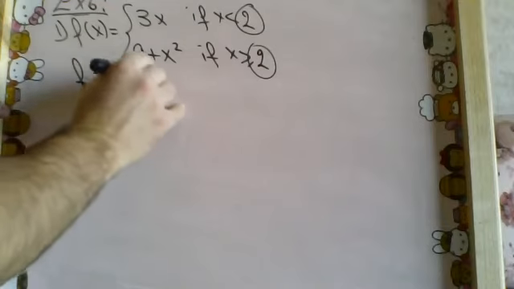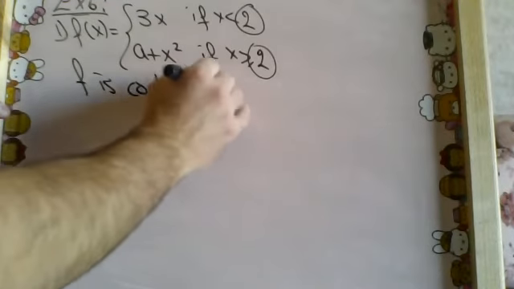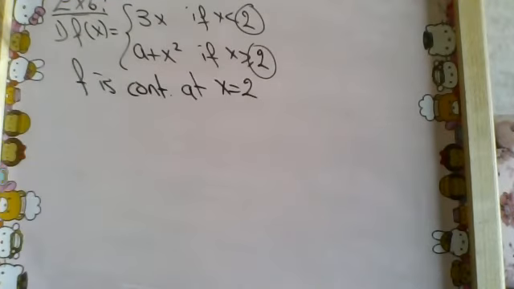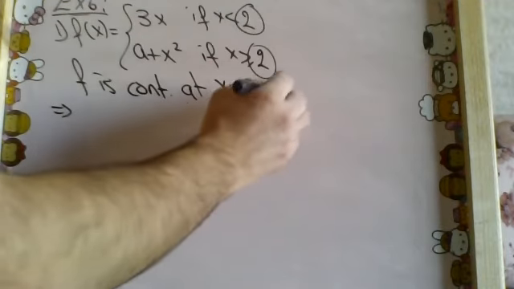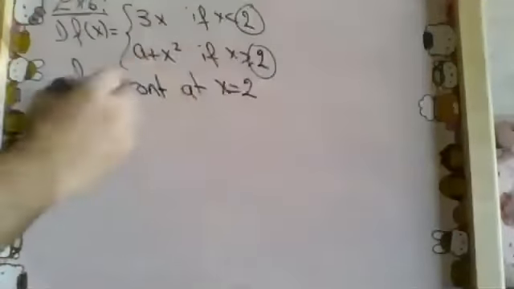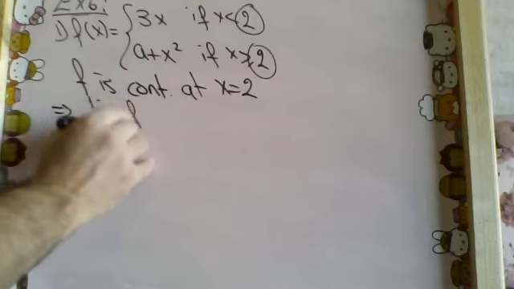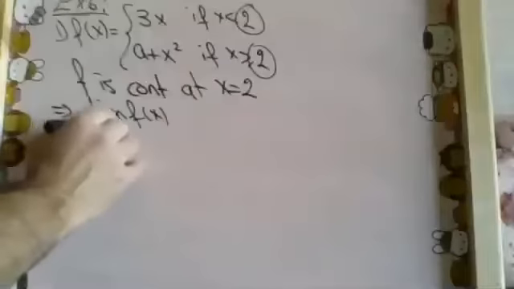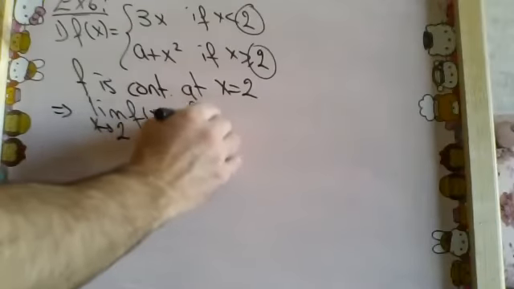If f is continuous at x equal 2, it means that 2 is in the domain. The limit of f of x as x approaches 2 should be equal to f of 2.